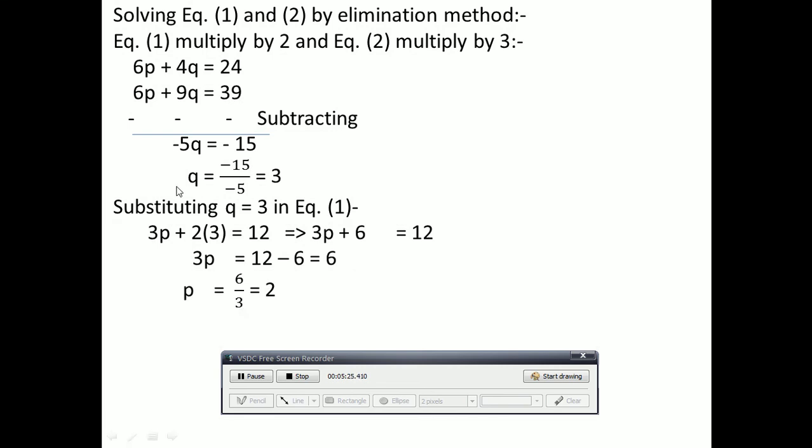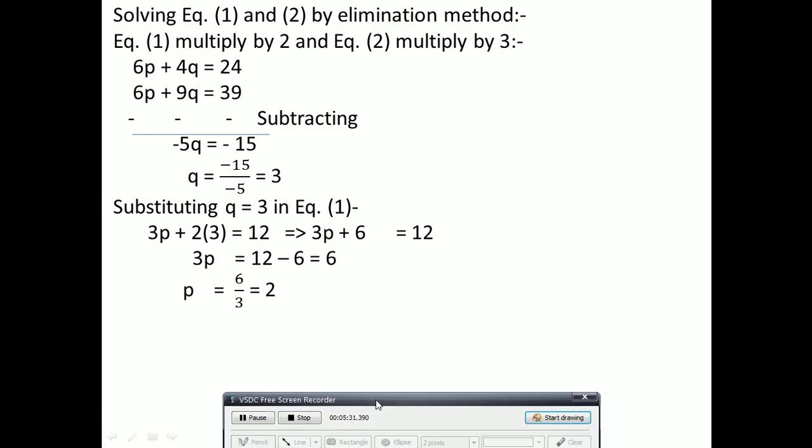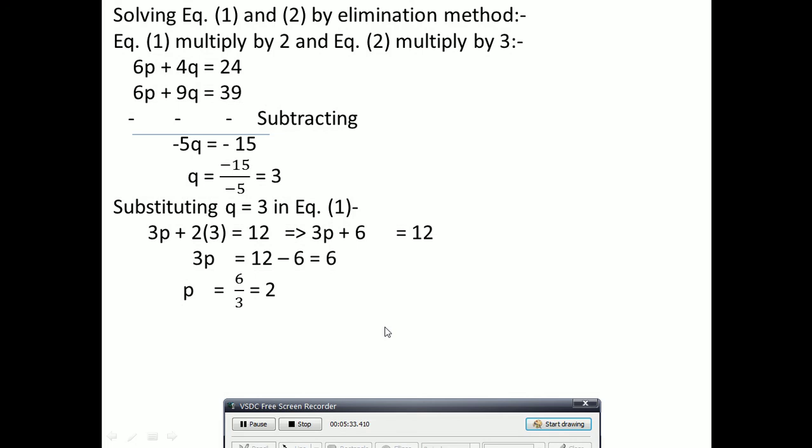Now students, q is equal to 3, p is equal to 2. Now our work is not completed yet because we have to find the values of x and y. So initially we assumed 1 upon x equal to p. So what will we do? The value we got is p is equal to 2. P means 1 by x. So in place of p we put 1 by x equal to 2.